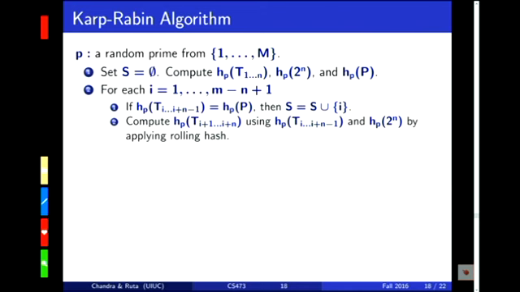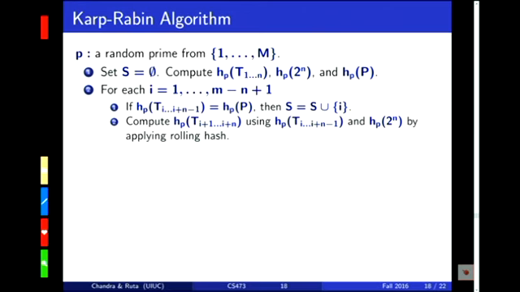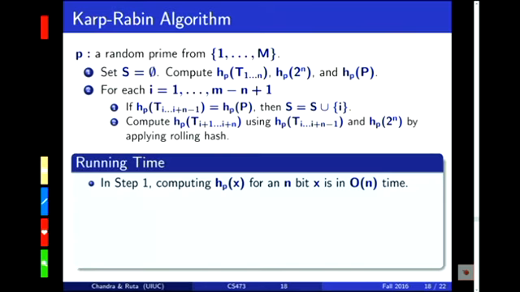We don't have to recompute the hash for the next string entirely from scratch. We can use the hash from the previous string. And we will see why the running time is what we want.